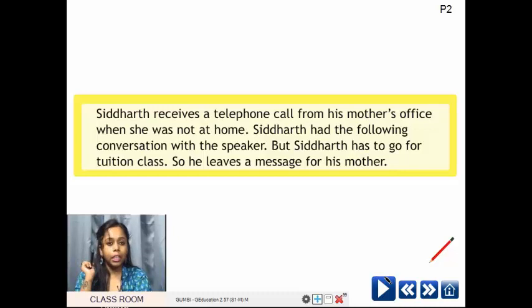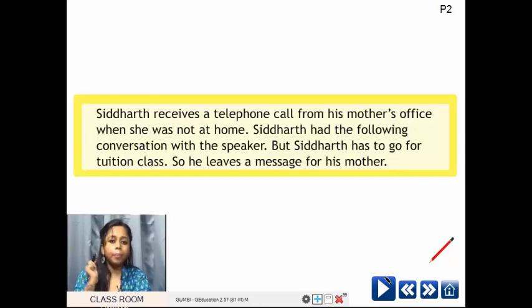But now see, Siddharth has to go for tuition class. Now he receives a message from the office person, from his mother's office. But he cannot tell that to his mother because she is not at home. And he is also going out for computer class or tuition class.